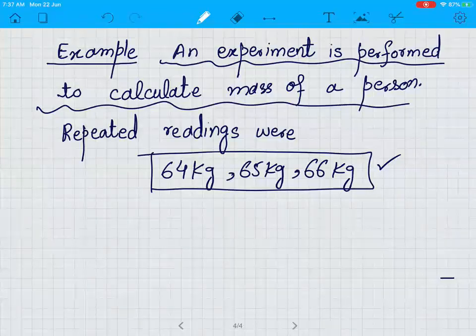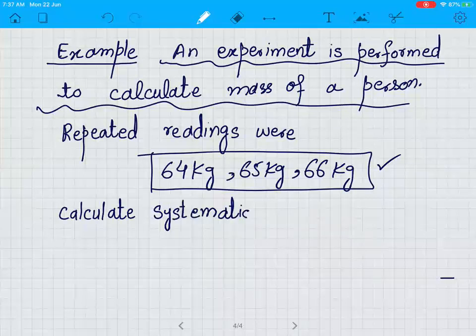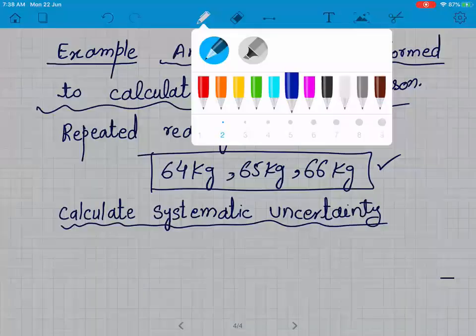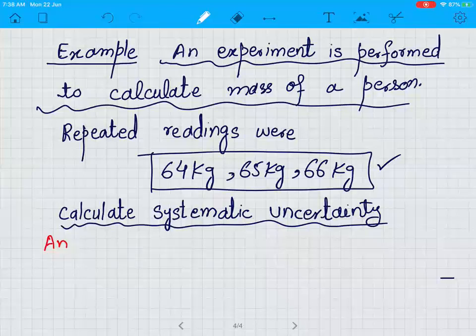Now the question is, calculate systematic uncertainty. And the answer to this question would be, you see, in this experiment, the actual value is missing.